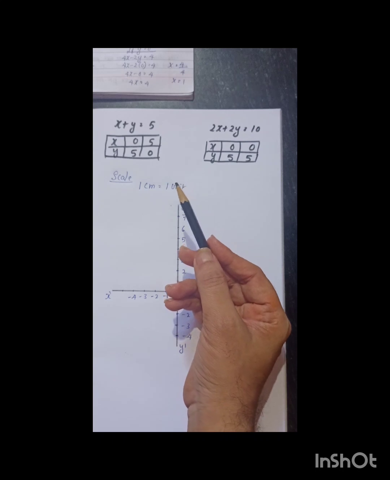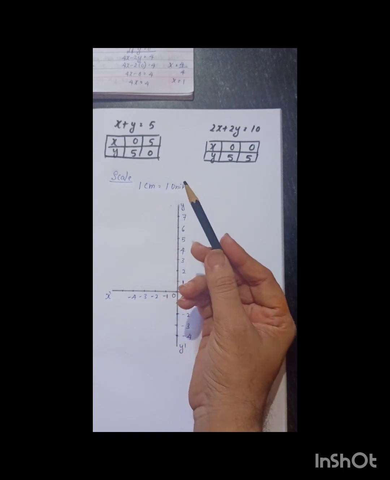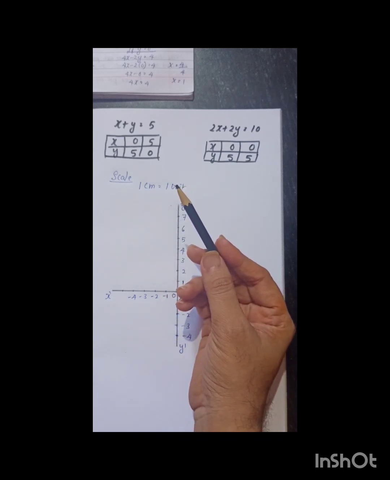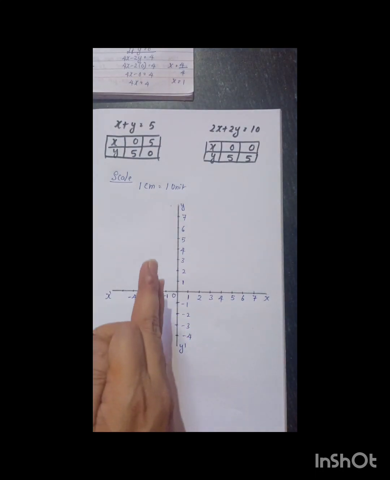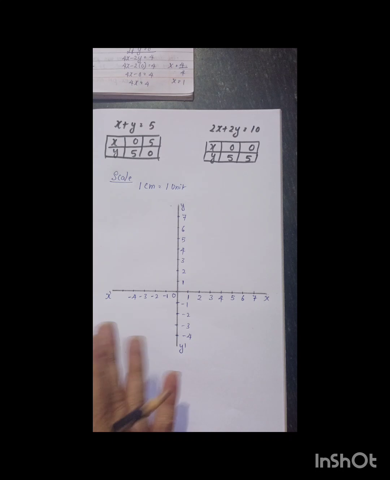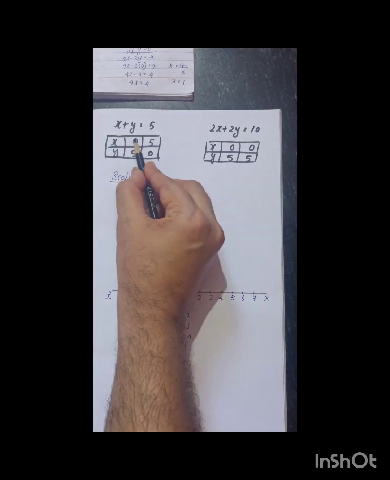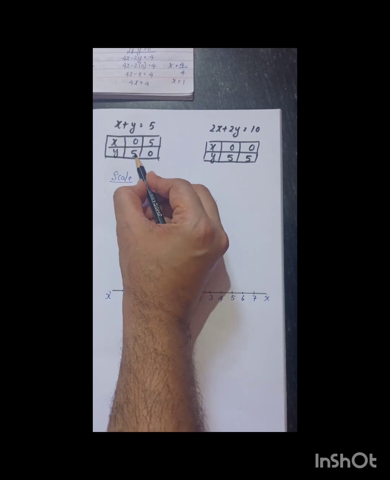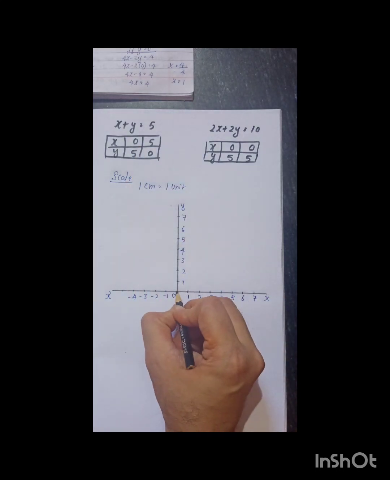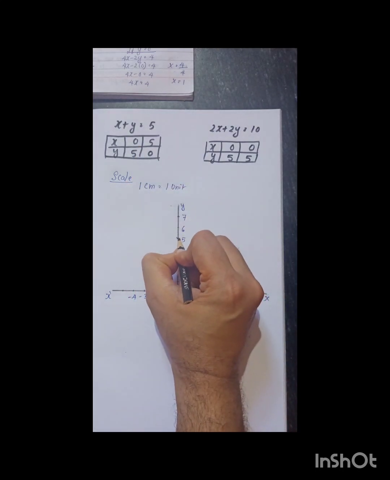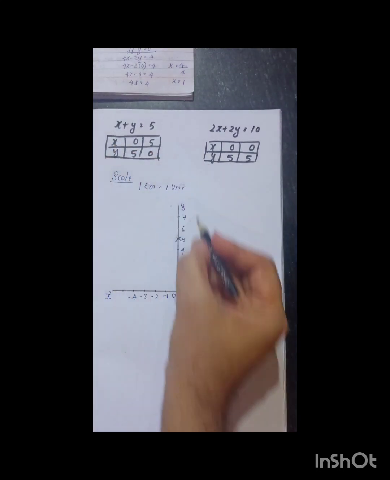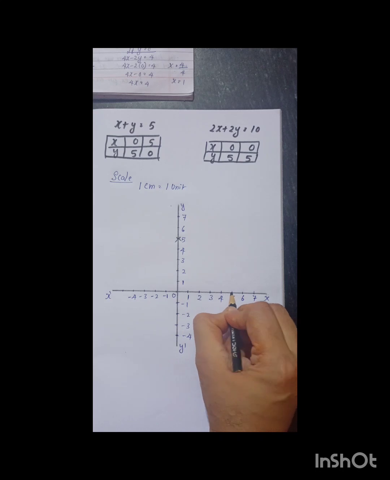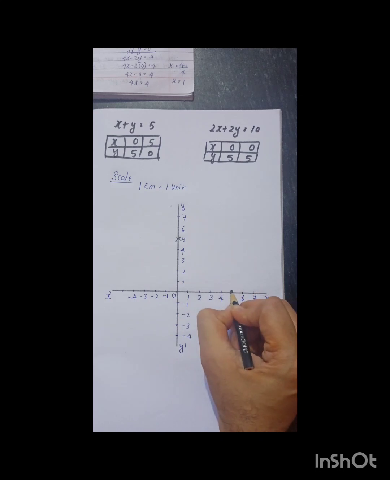As I said in the earlier classes, you can make any appropriate scale which suits you. You have to show this in graph, but I am showing it on the white sheet itself. If x equals 0, y equals 5 here. Then if x equals 5, y equals 0 here itself.